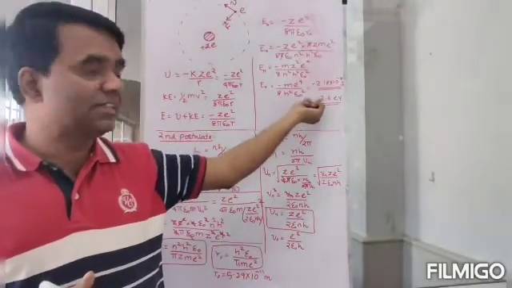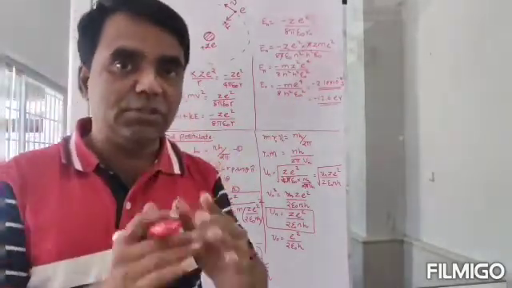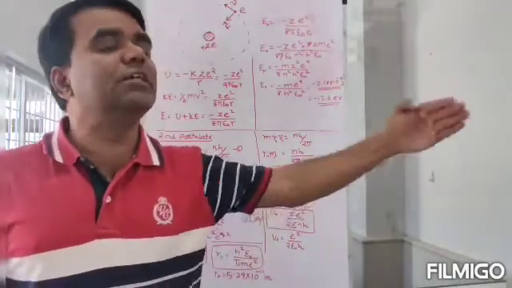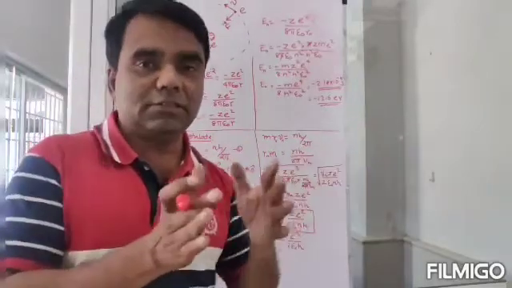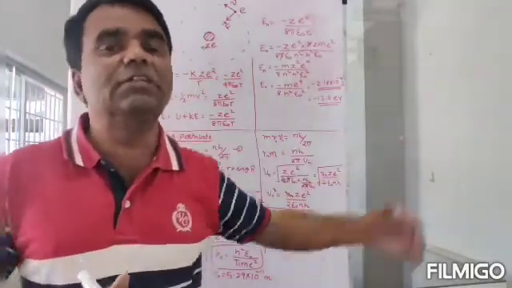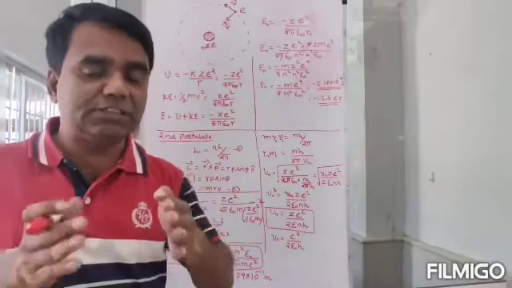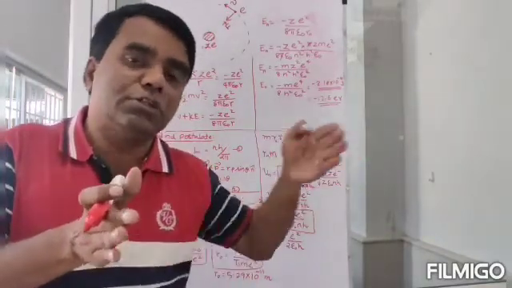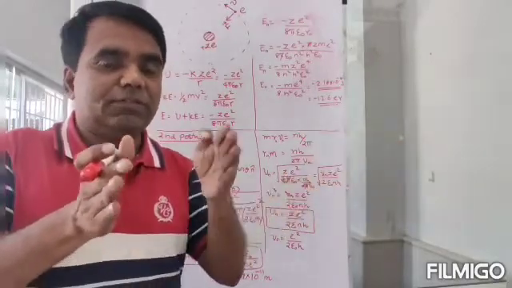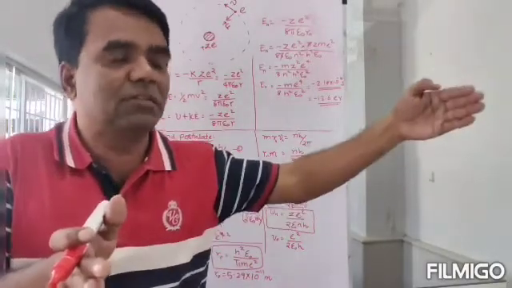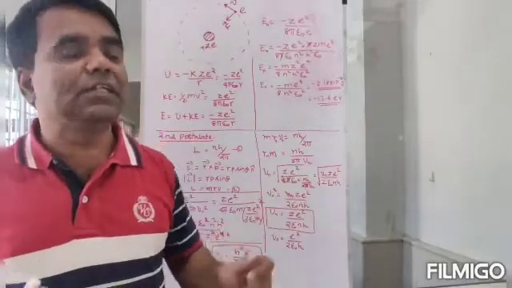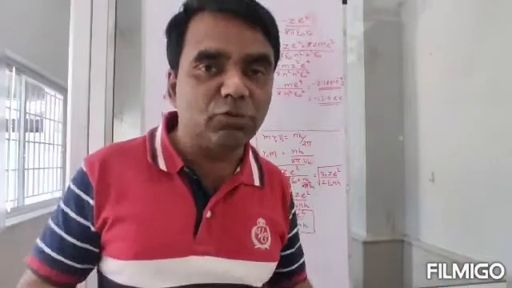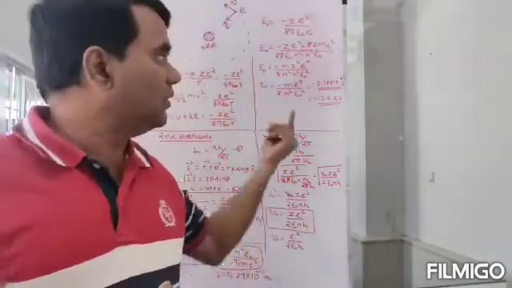You notice the total energy here is a negative number, so the smaller the number, the bigger it is. So as you go further from the nucleus, the energy of the electron increases. When you give the electron energy, it will go further from the nucleus. If it is here, it will go here, then here. When you keep giving energy, the moment you give plus 13.6 electron volt, it will go out of the influence of the nucleus.